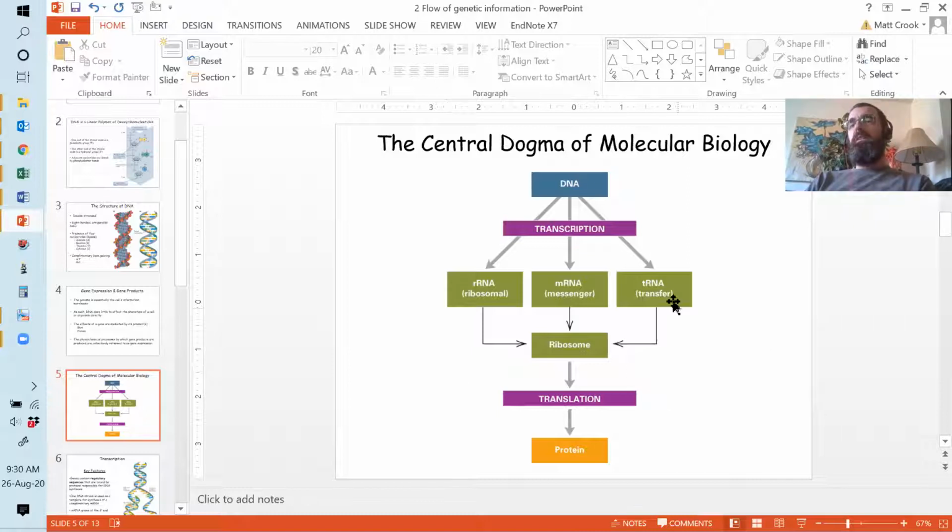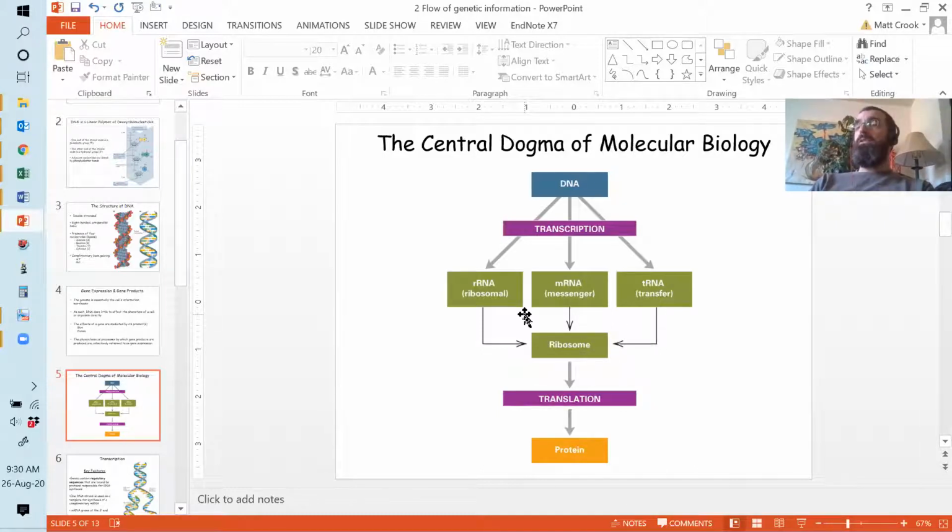And these intermediate steps, which are somewhat simplified here because there's an awful lot more going on than just this, as you'll see later, are the processes by which that happens, which is typically transcription, the production of RNA from DNA. Or rather RNA, sorry, I have to be careful here because you can have what are called non-coding RNAs as well, such as rRNA, tRNA, and many, many others.